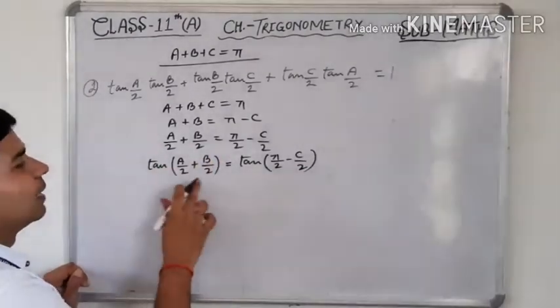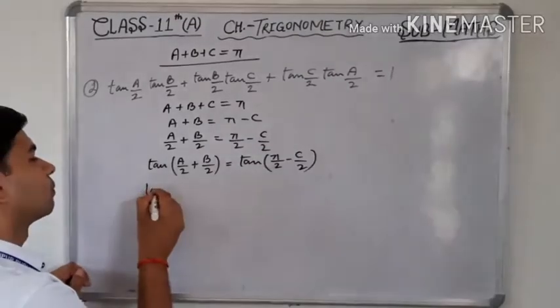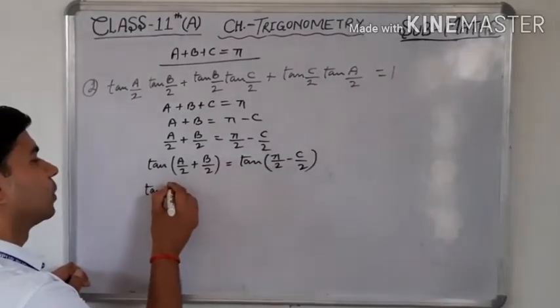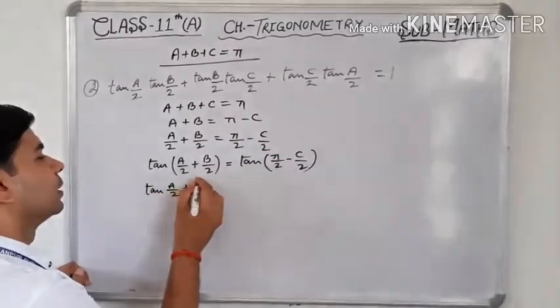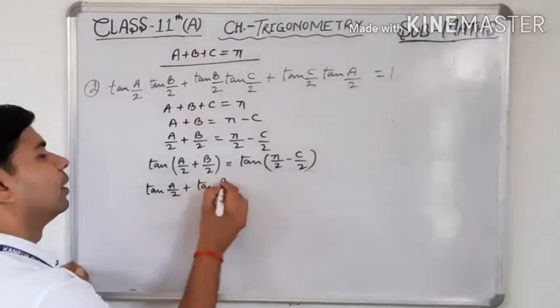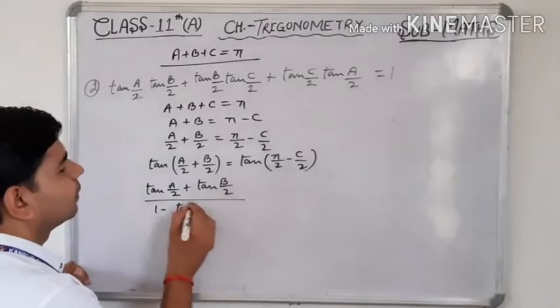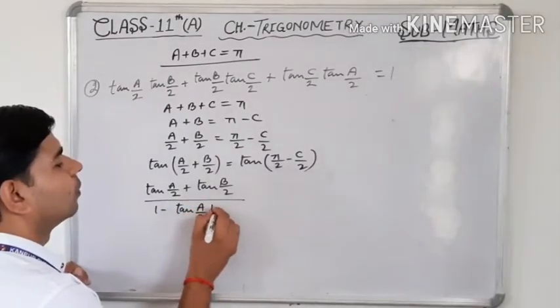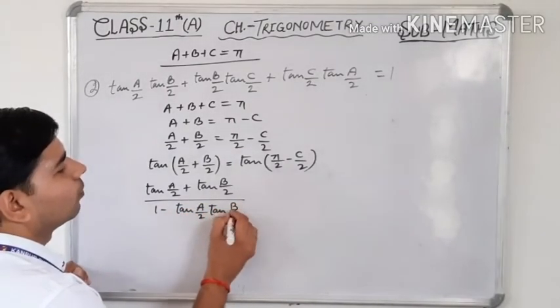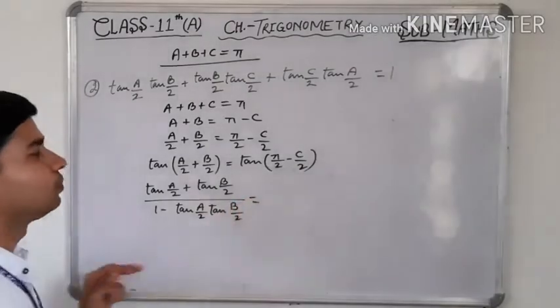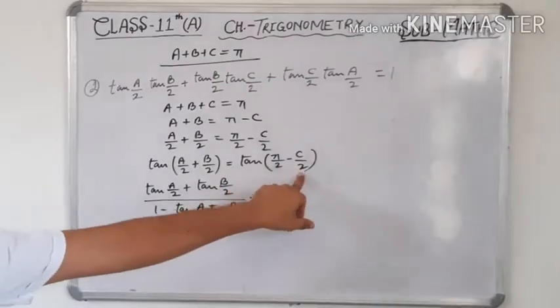Now apply tan x plus y: tan a by 2 plus tan b by 2 upon 1 minus tan a by 2 tan b by 2 equal tan of pi by 2 minus theta.